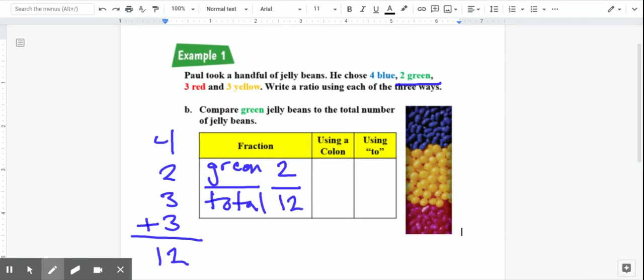Now, one thing I know that's really important when working with ratios is answers need to be in simplest form. And so I can see that 2 over 12 is not in simplest form. So I'm going to rewrite that down below here.